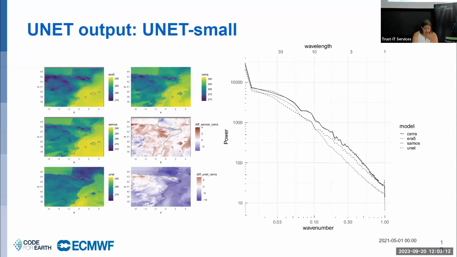So first results of the UNet small, that one used topography as additional target. In principle, you would say it's not that bad, but it's what we see here, and this is a result of the short training period.